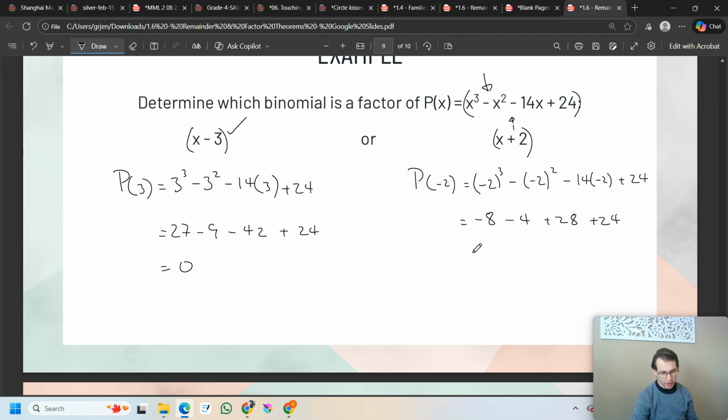Okay, that's way positive. That's 52, 48, 40. So this one has a remainder at that point. So yes, it's divisible by that one. No, it's not divisible by that one. You could check with polynomial long division and see.